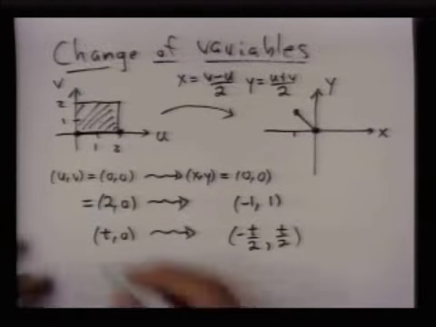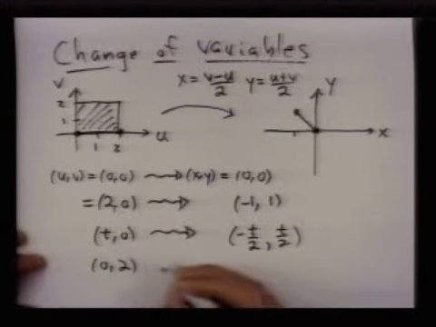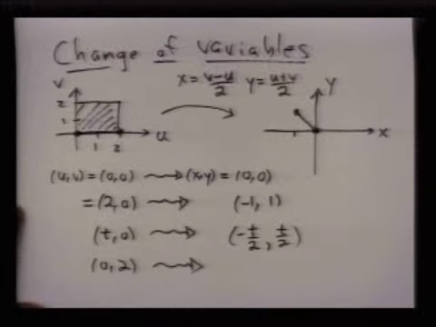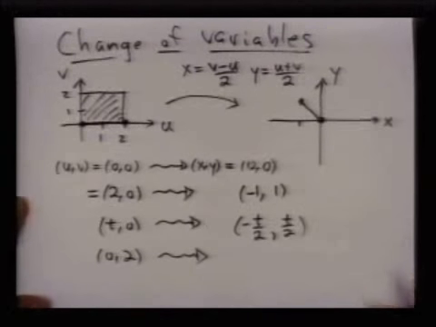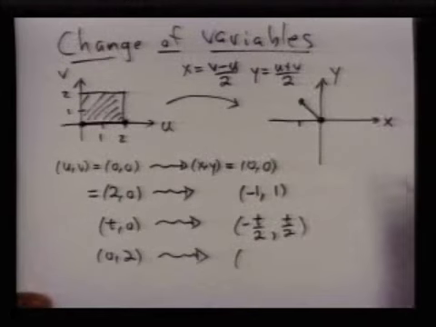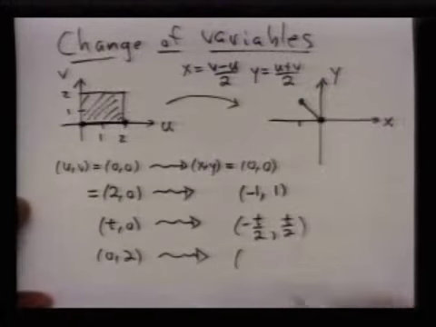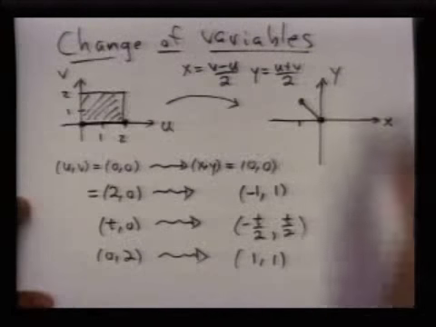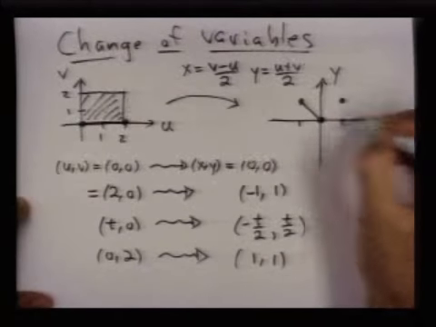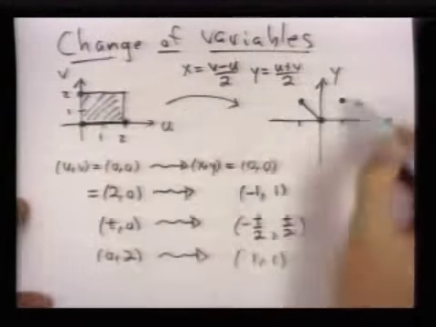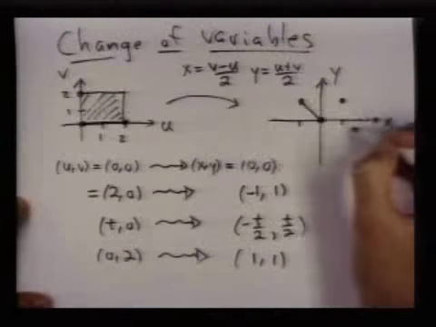And you could repeat this process for all sorts of other points. The point 0, 2, if I put 0 in for u and 2 in for v, turns into 1, 1. So this corner gets sent there.